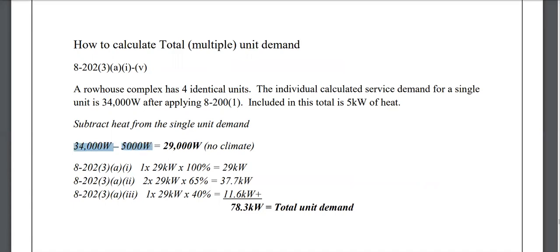That leaves us with 29,000 watts. And then what we do is we apply that 29,000 watts to 82023A item III, because we only have 4 units. The first one's taken at 100%, the next 2 at 65%, and the fourth one at 40%, giving us a total of 78.3 kilowatts.